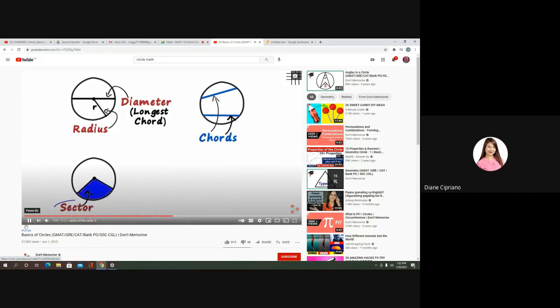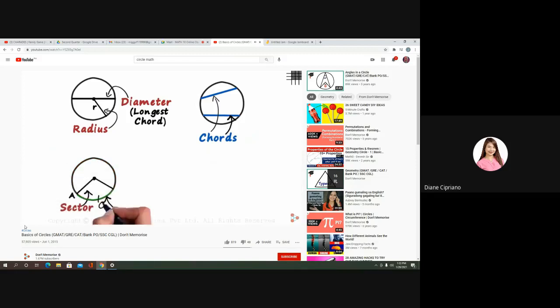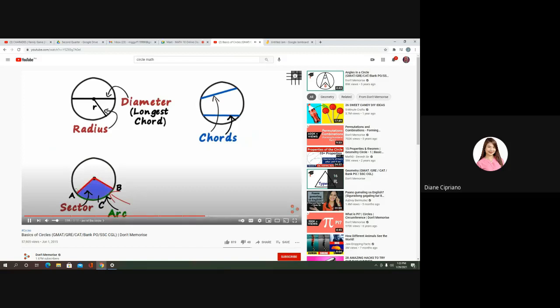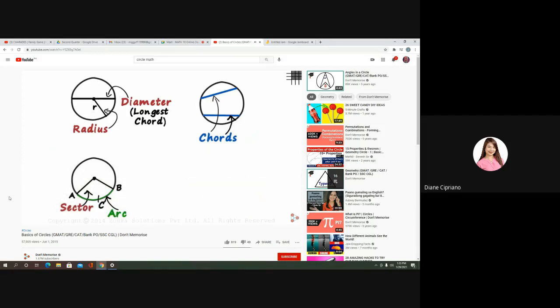Next, two radii and one arc make a sector. It is bounded by two radii and the green arc. That green curve is called an arc, so we can call that arc ACB. We are not talking about the line segment.